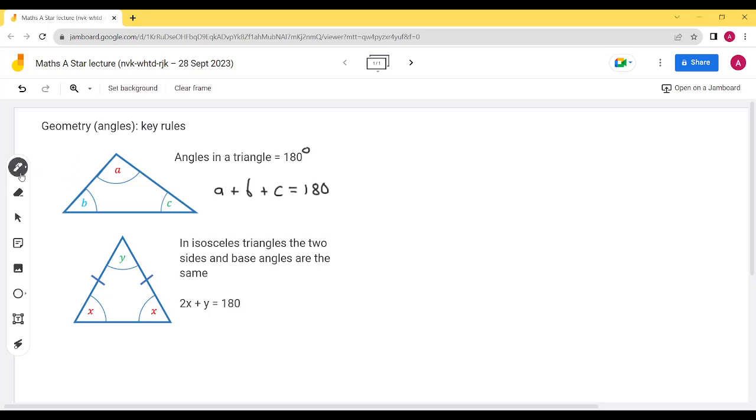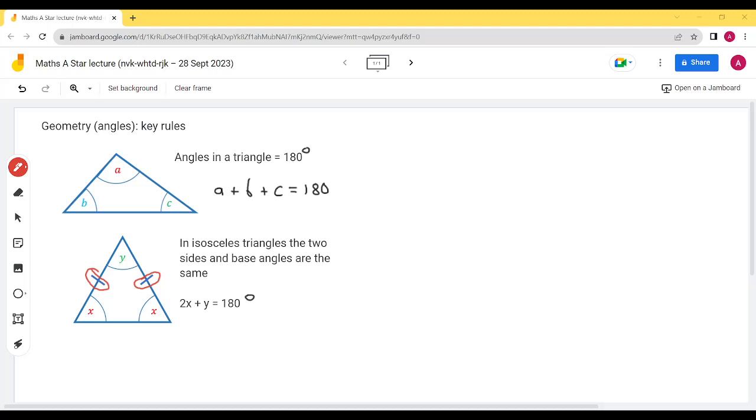The two base angles are going to be the same. An isosceles triangle often gets shown by these lines. Normally the question will tell you a triangle is isosceles, but it gets shown by these lines here. If you have an isosceles triangle and you're given one angle, you can find the other.